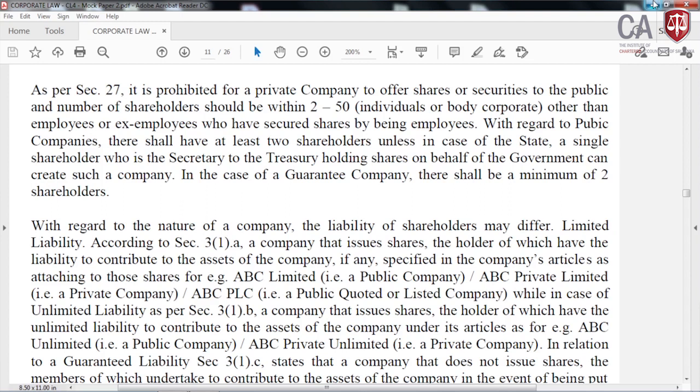So, a minimum of 2, maximum of 50 individuals or body corporate or a mixture, other than employees or ex-employees who have secured shares by being employees.